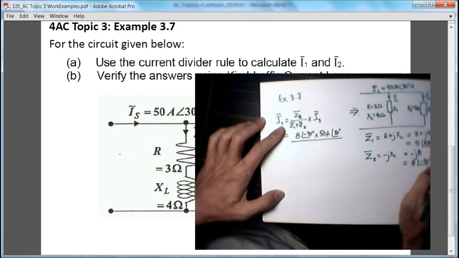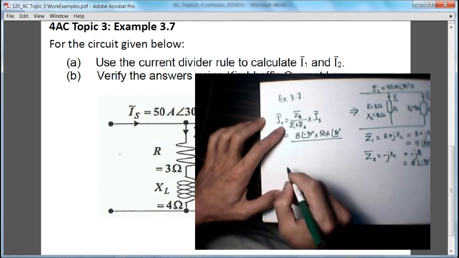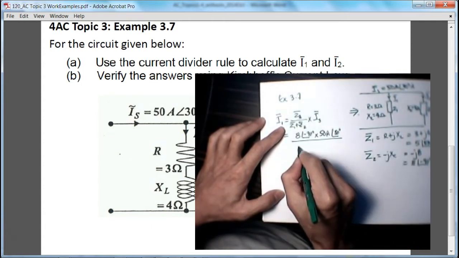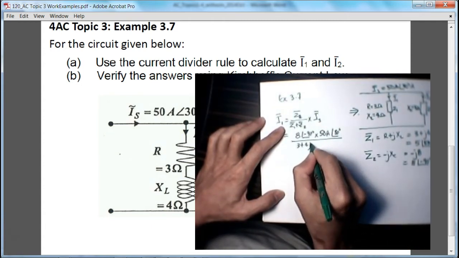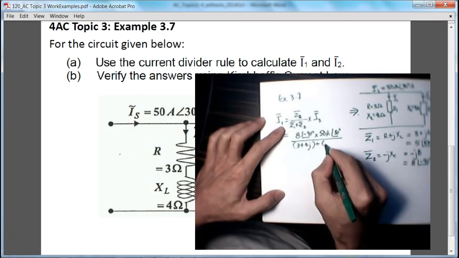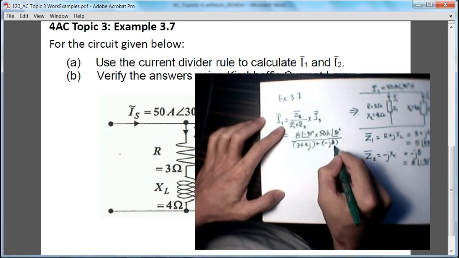Since Z1 plus Z2 is the addition of two complex numbers, I will use the rectangular format: 3 plus j4 minus j8, which is 3 minus j4.